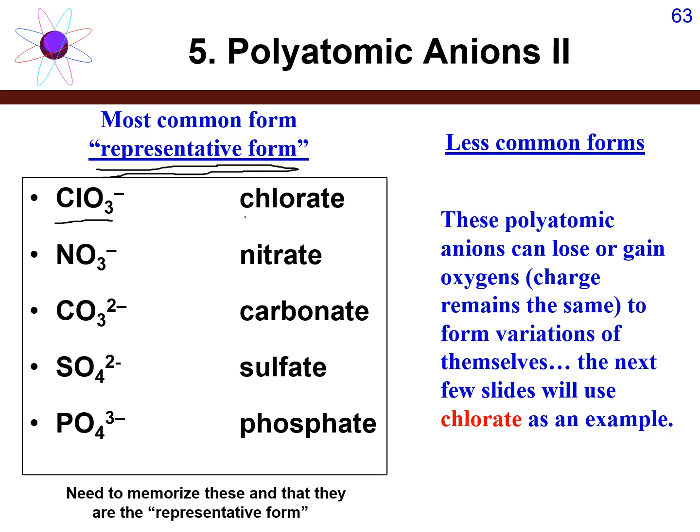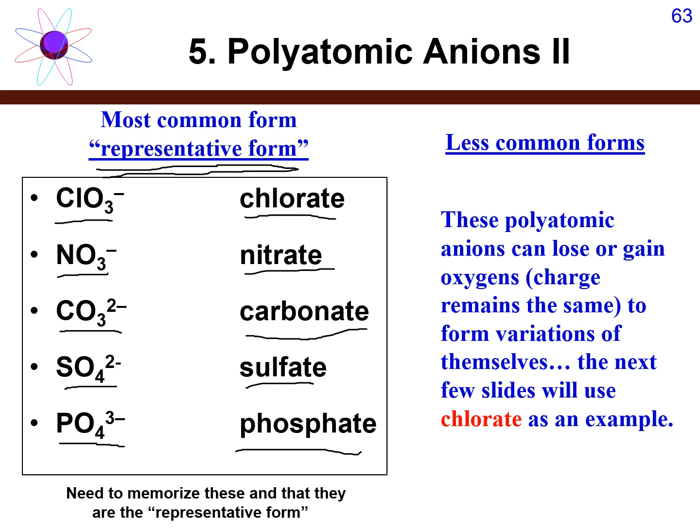This one, we call it chlorate, ClO3 with a -1 charge. These are nitrates, NO3 with a minus charge. CO3 with a 2- charge is carbonate. SO4 with a 2- charge is sulfate, and PO4 with a 3- charge is a phosphate.